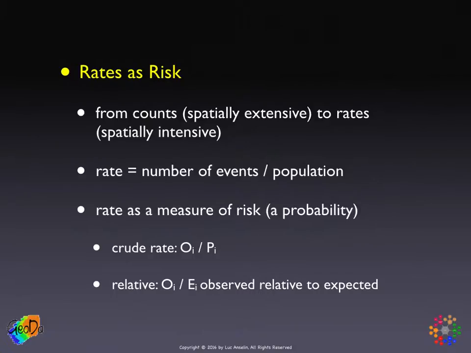That's why, for example, a density is not a proper rate: for the number of crimes per square mile, the population is not the square miles. The population is the people that could be victimized or cars that could be burglarized and so on.